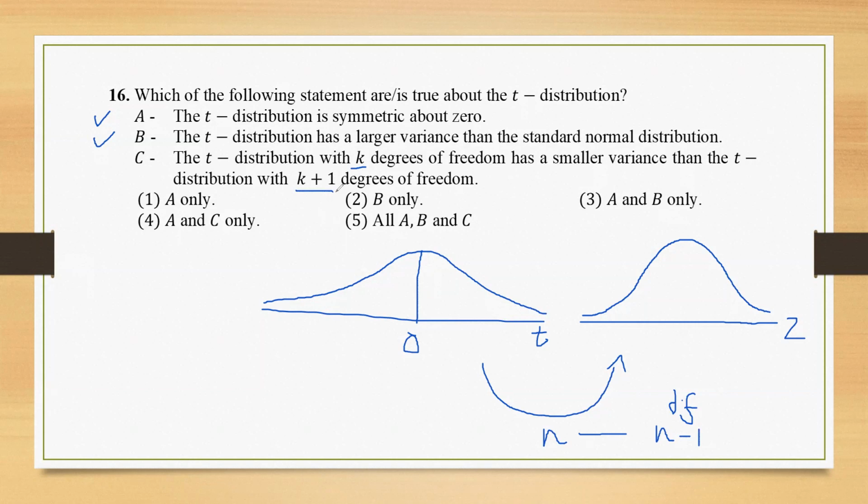When the degrees of freedom increases for the T distribution, variance decreases. So it is the other way around. Therefore statement C is incorrect. So you can clearly see that only statements A and B are correct. So the answer is the third one.